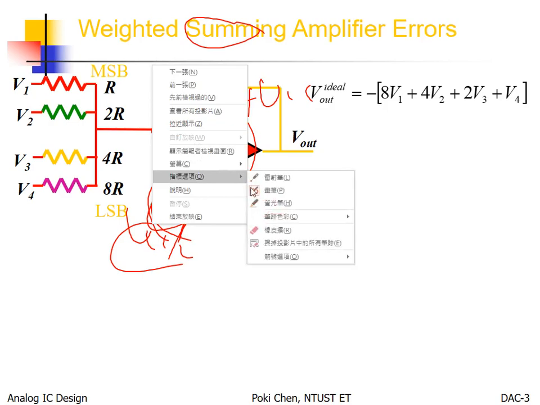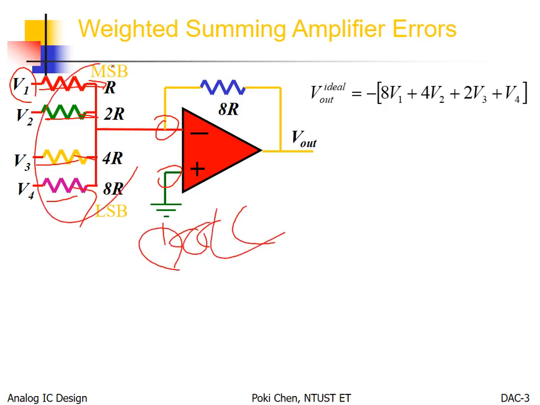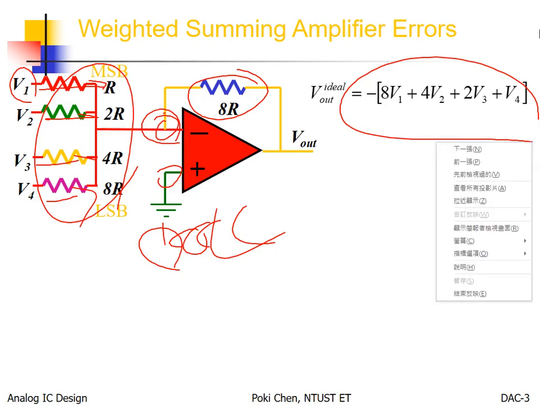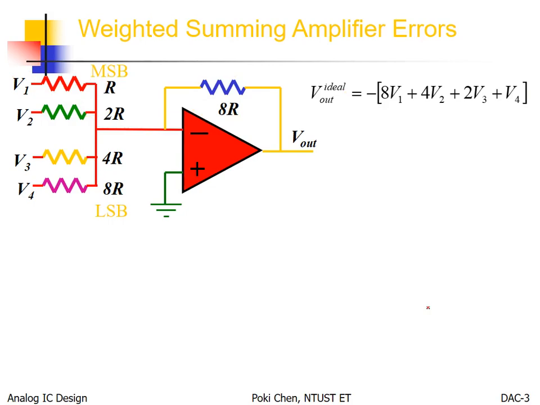Anyway, if the amp is ideal, 0 here, you have 0 there, and the input current will flow through. According to KCL, Kirchhoff's current law, all the currents will be summed, then flow through. You learned it already from microelectronics. So what you get is, you can see the ratios are very important.